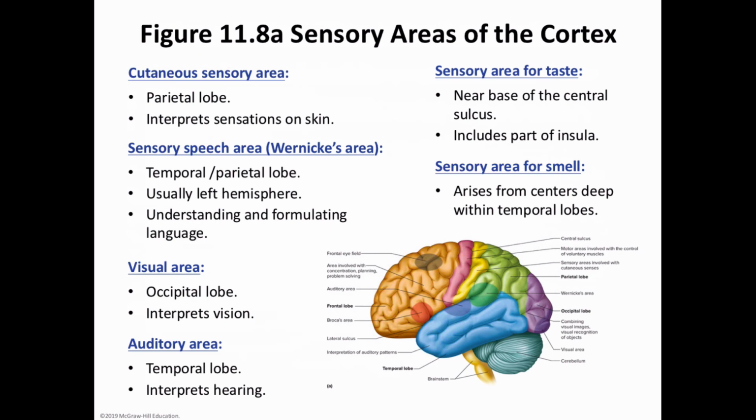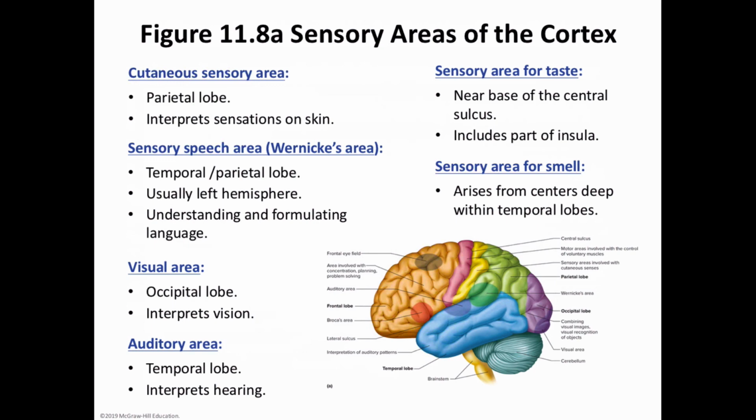First things first, we have the cutaneous sensory area. Sensory areas in several lobes of the cerebrum receive and interpret impulses from sensory receptors. They produce our feelings or sensations.